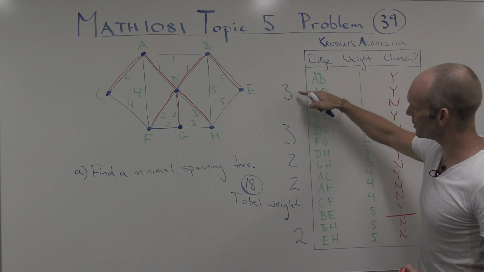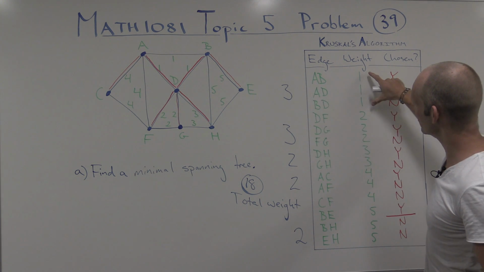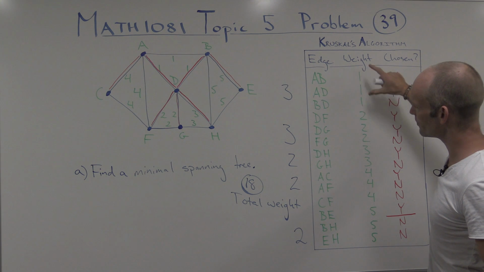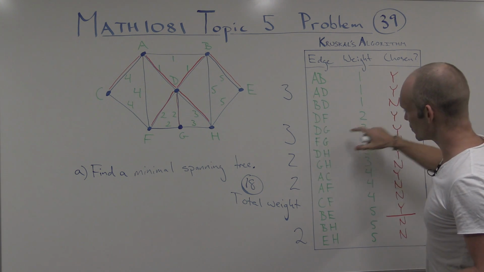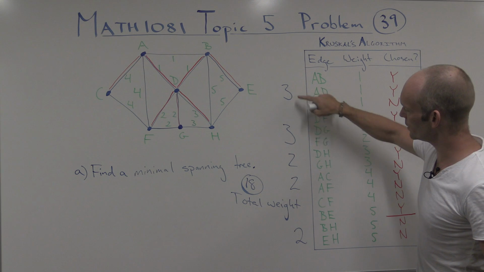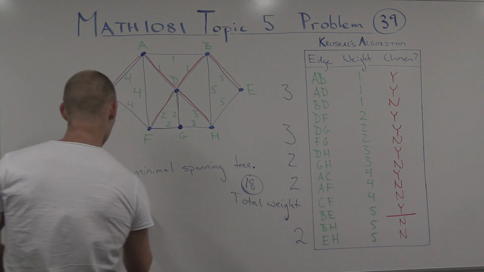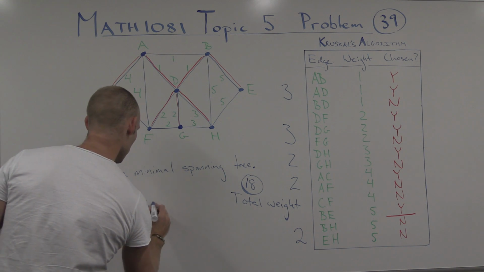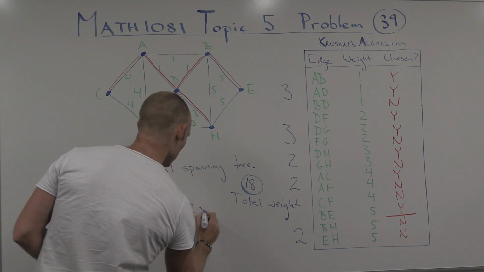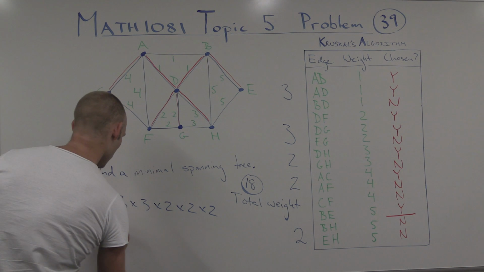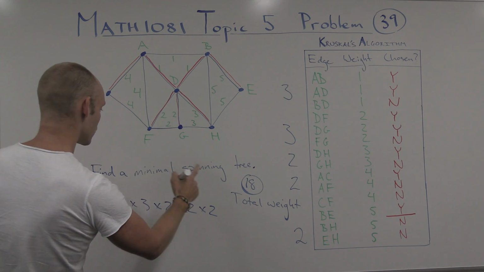So if we see 3 choices for the edges with weight 1, 3 with weight 2, and so forth, we get 3 times 3 times 2 times 2 times 2 choices. So 3 times 3 times 2 times 2 times 2 minimal spanning trees.